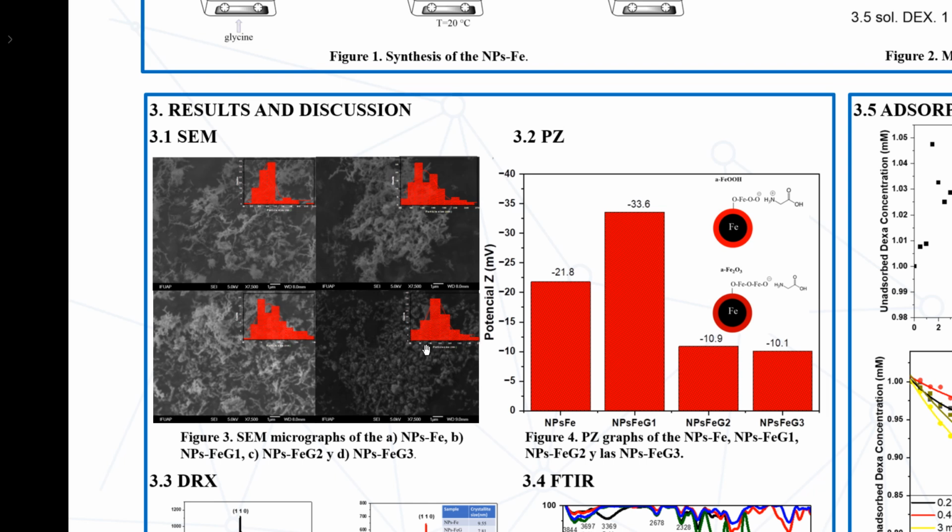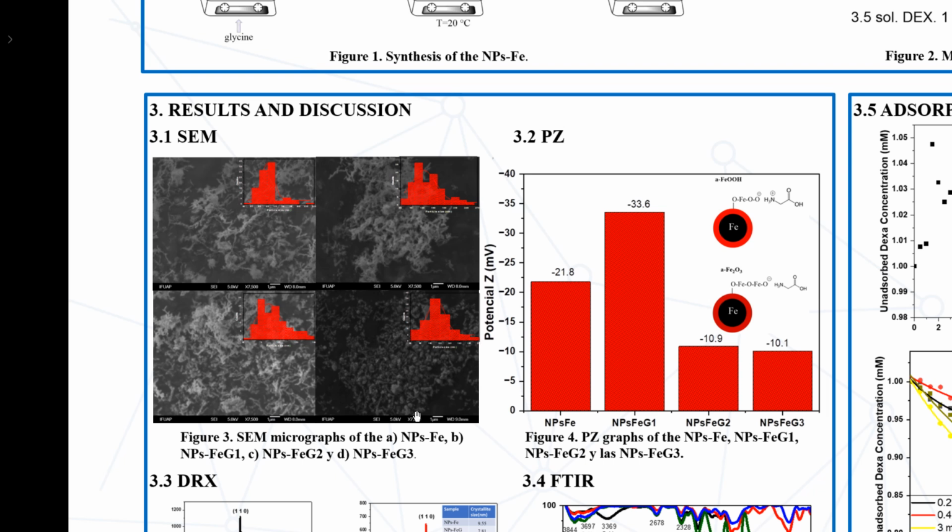For the first two samples with glycine, the average size decreased, but according to what is observed in the micrograph of iron nanoparticles with glycine 3, there seems to be formation of larger agglomerates resulting in a larger particle size, which is due to the excess of glycine.